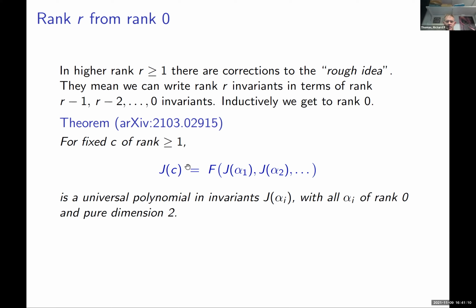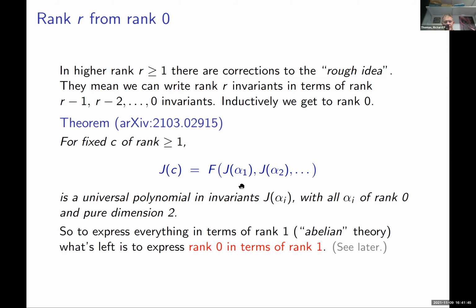It says that the DT invariant in rank R can be written as a universal polynomial in DT invariants of lower rank, of rank 0. So these are the things that are supposed to be governed by vector-valued modular forms. And this is some kind of polynomial with infinitely many entries. But if you evaluate it on any fixed Calabi-Yau threefold with a fixed C, then only finitely many of those entries will be non-zero. So it's a sensible formula.